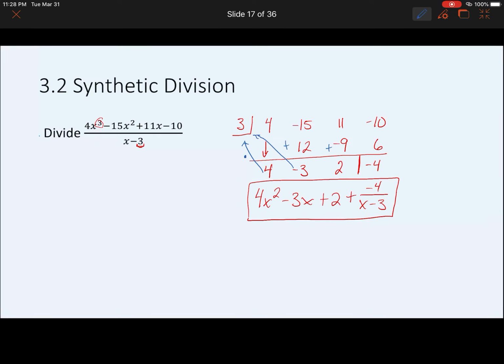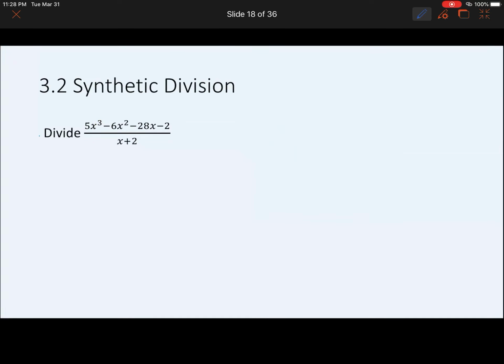So for those of you that say, well, I don't understand, maybe this is confusing to you, all you're doing here, let me do this in a different color so you can see, is once you bring down that 4, you're going to multiply, and then add, and then multiply and then add, and then multiply and then add.